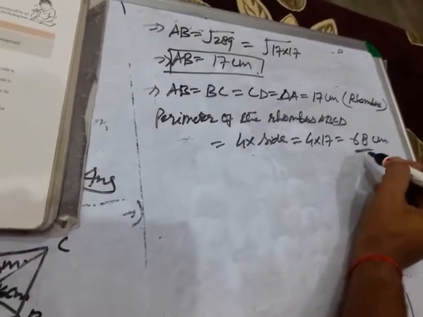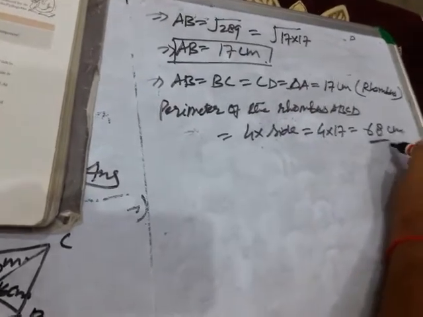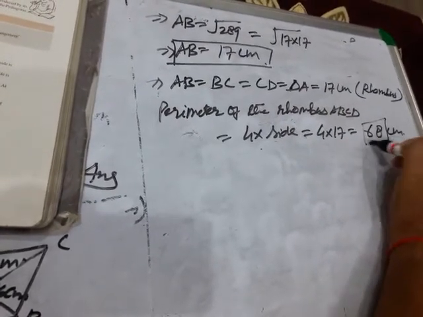Perimeter of the rhombus is 68 centimeter. That you have found out.